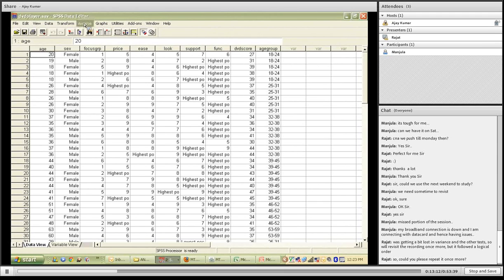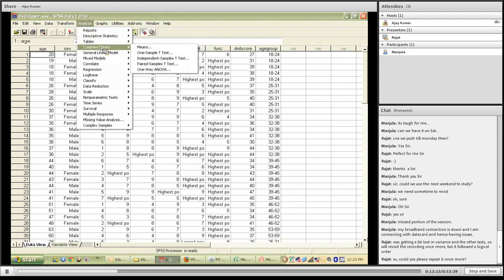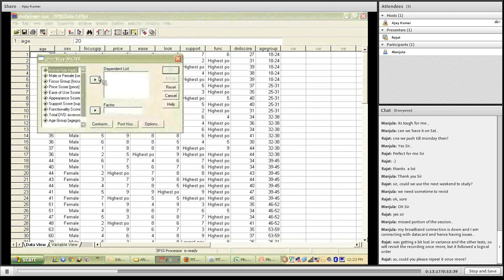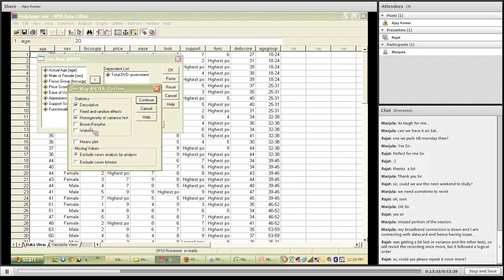So let's go to Compare Means, One-Way ANOVA, and here we put total DVD assessment score, the score given by the respondents, and as we are studying it against age groups, let's take age group as the factor. As usual, we will click on descriptives, homogeneity of variance, and Brown Forsyth and Welch. All right, so say continue and click OK.